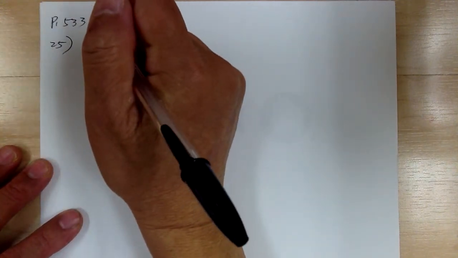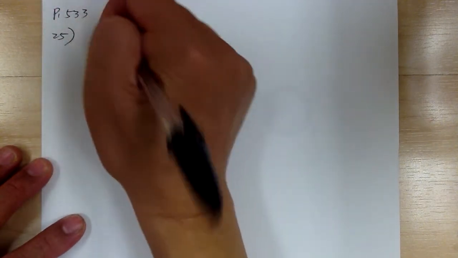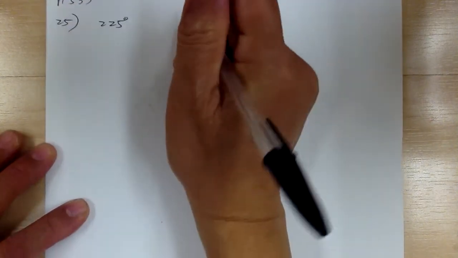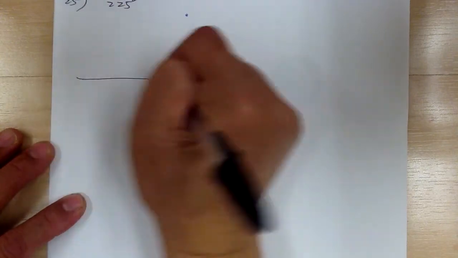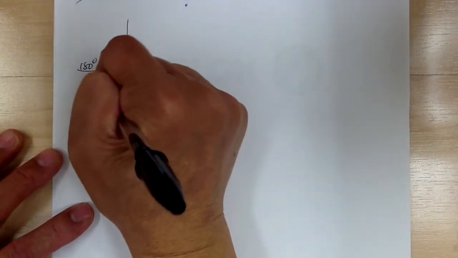Okay, let's go to number 25. Okay, you're looking for the exact values of the six trigonometric functions. So 225 degrees. Okay, so again, first you have to draw your triangle. So 225, so here's your 180, so 225 is going to be right over here.